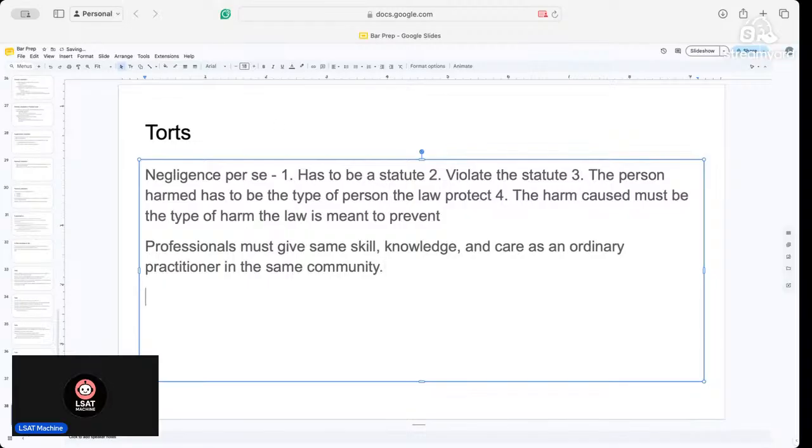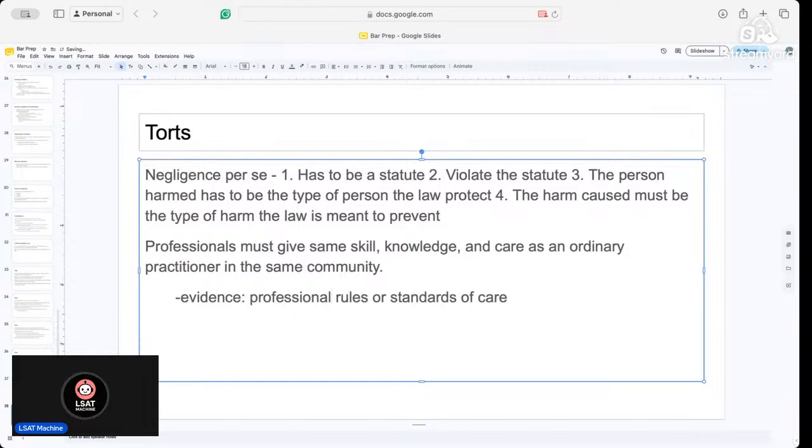And then the evidence can be rules or standards of care. So, for example, if the rules say the doctor should do this, and you can show in court the doctor did not do that, then that is evidence of negligence for professionals.